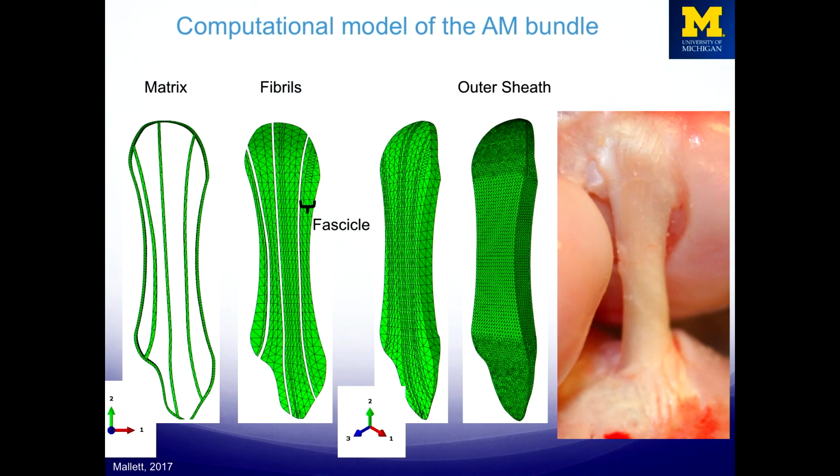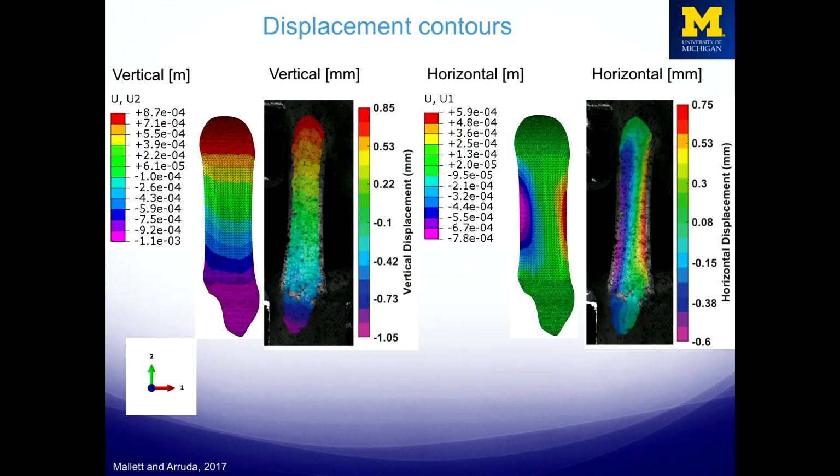Okay. So putting all that together now, we would simulate the experiment that we did, so pulling on the bones the same way we did in the experiment, and compare the contours that we got with the experimental contours. So the vertical displacement contours, experimentally and computationally, matching up very, very nicely, and the horizontal contours, right? Again, capturing this widening of the tissue.